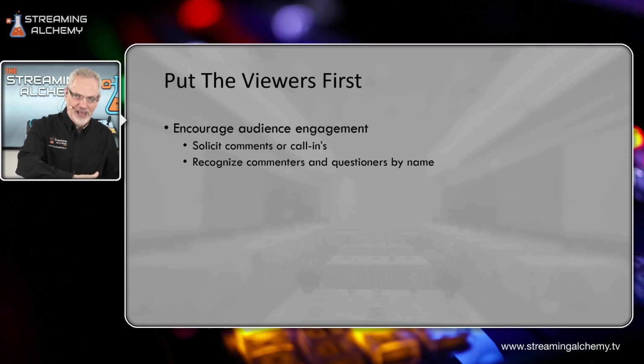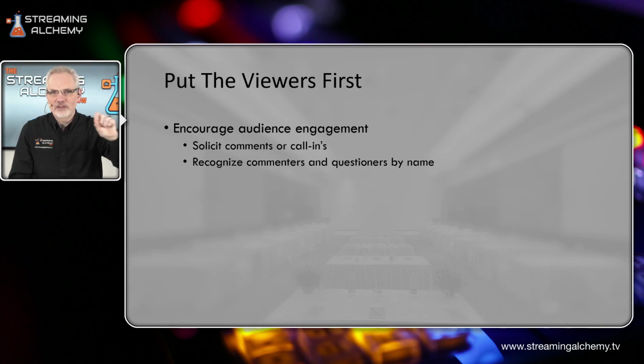If somebody is actually asking a question or making a comment, build in that time to say, you know, Frank Smith from Topeka just mentioned that blah, blah, blah. That's really important. Naming that person, having them be recognized, I think can make a big difference in creating rapport between all these different remote parties.